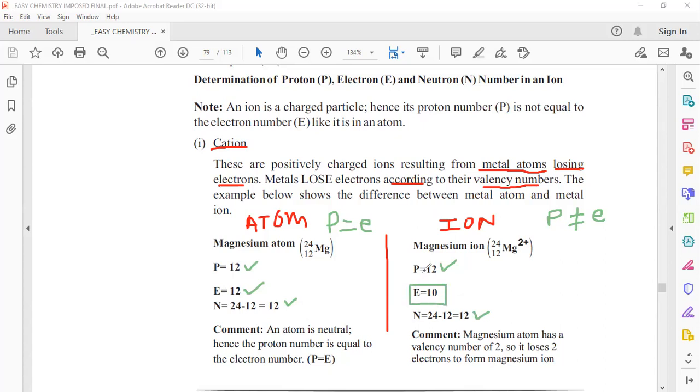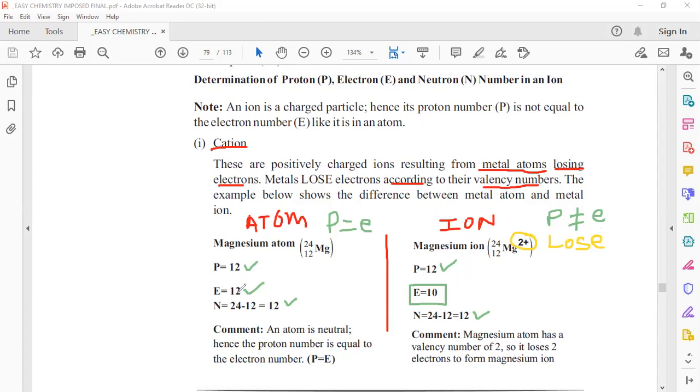So if we are looking at a positively charged ion, we are saying this is an ion that has lost electrons. So there is always a loss. Whenever you see a positive, it means there is losing of electrons.